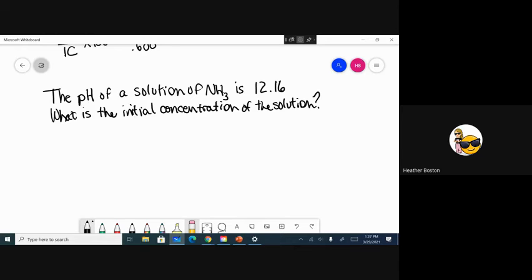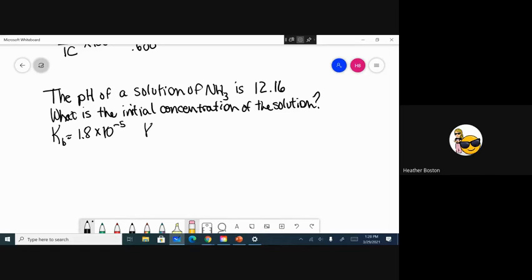But this is another kind of problem where they might ask you to calculate the initial concentration. So let's write down what we do know. If we don't, we can look it up, which is the Kb for ammonia. The Kb for ammonia is 1.8 times 10 to the minus 5. Let's see all the things I can calculate from this.